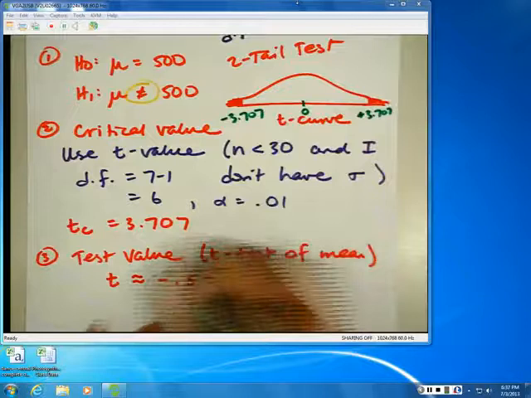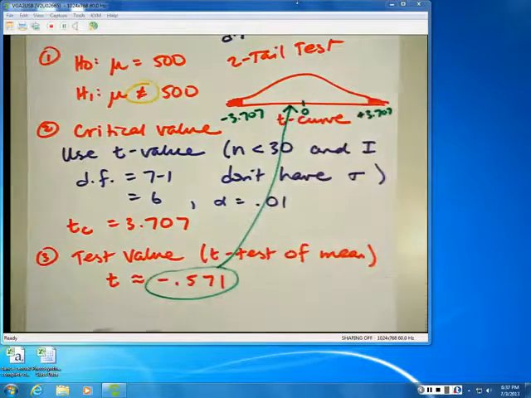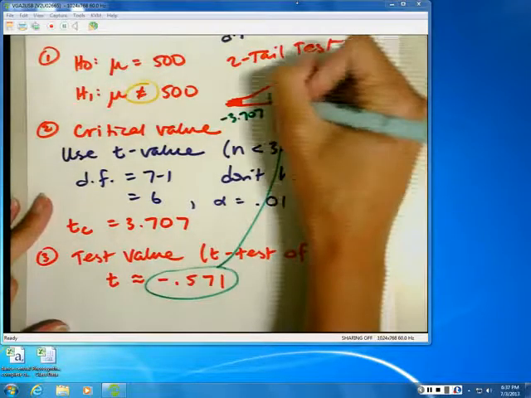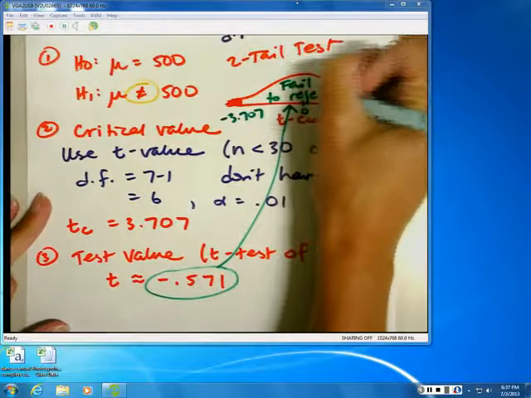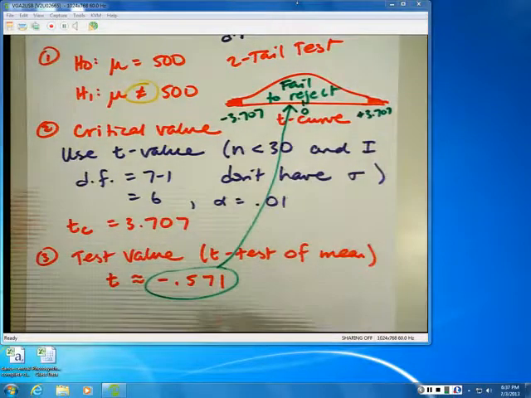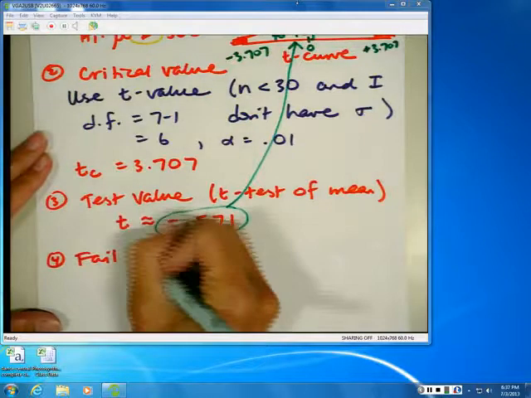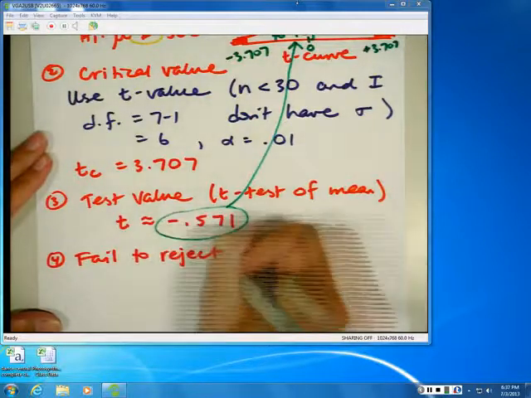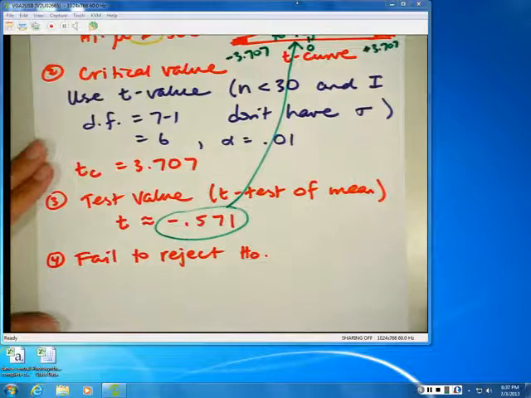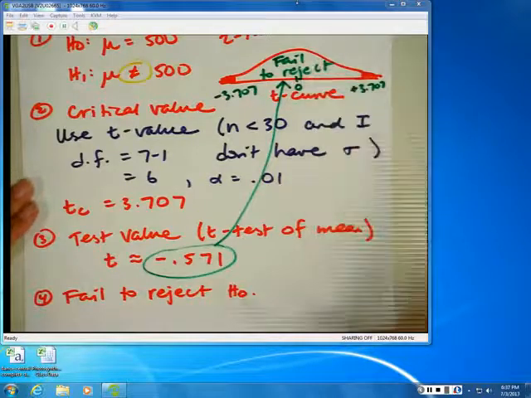I landed right here, in the fail to reject region. Fail to reject the null hypothesis. So my conclusion, step number 4: fail to reject the null hypothesis. You should always get that one right because it's just right off of your chart. I'm in the middle, so I fail to reject.